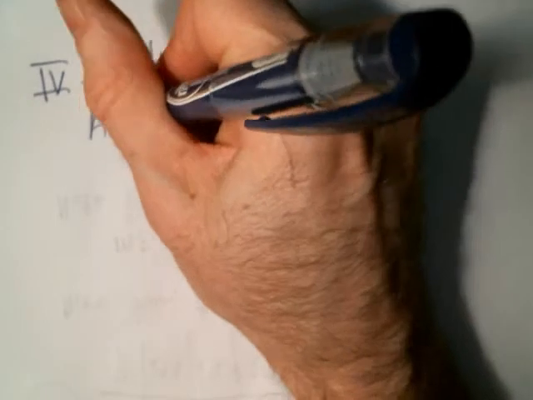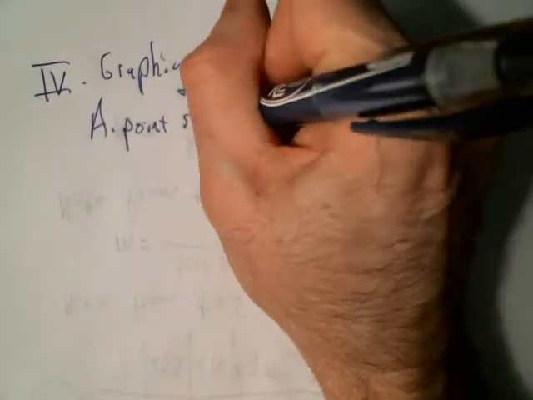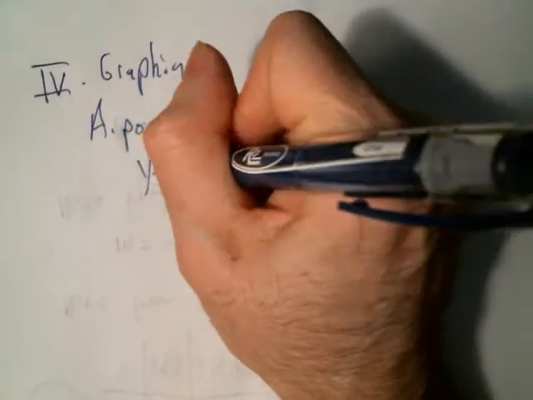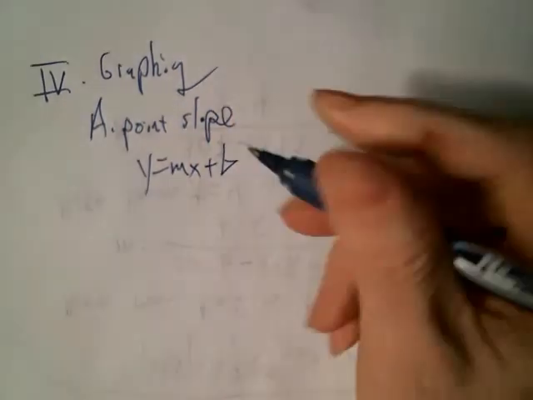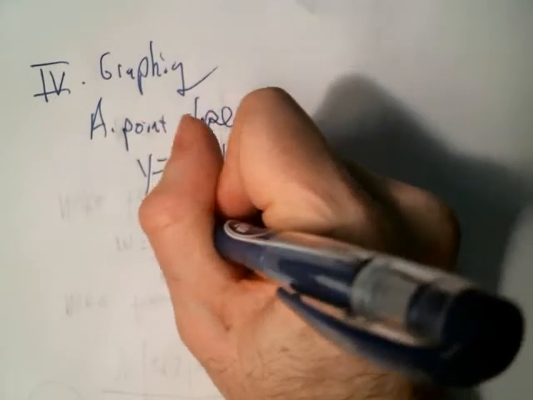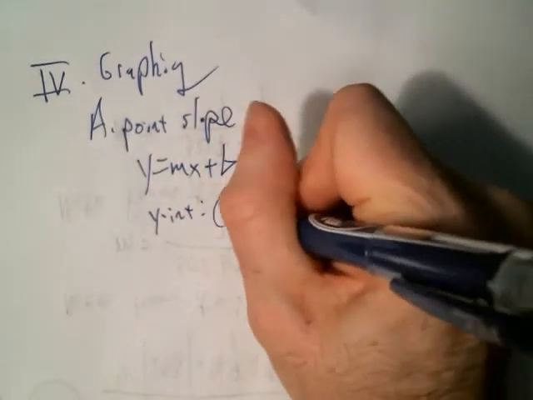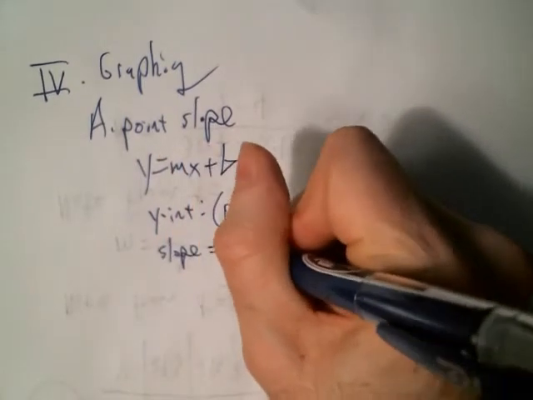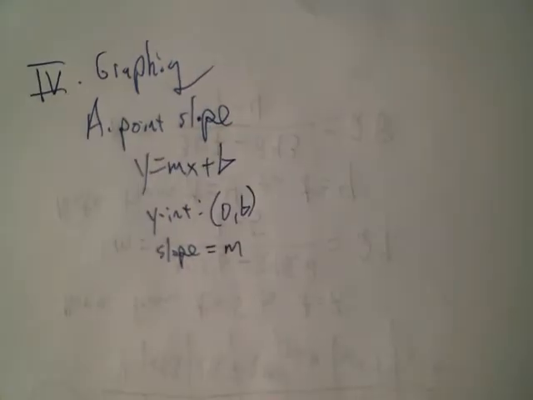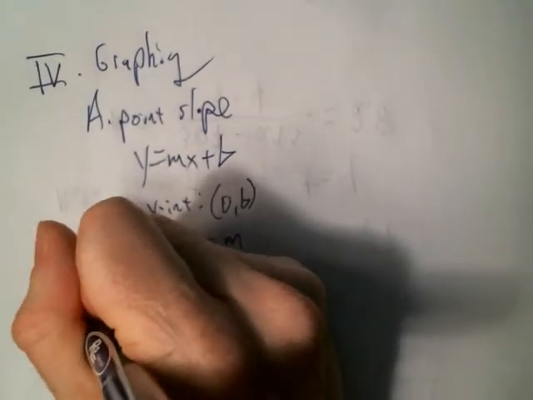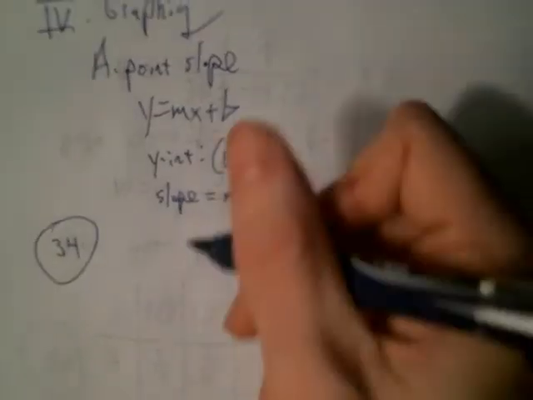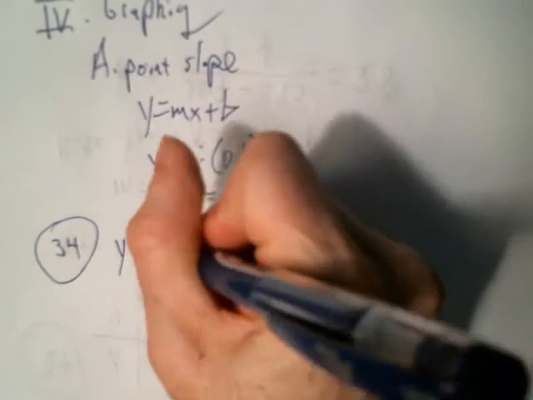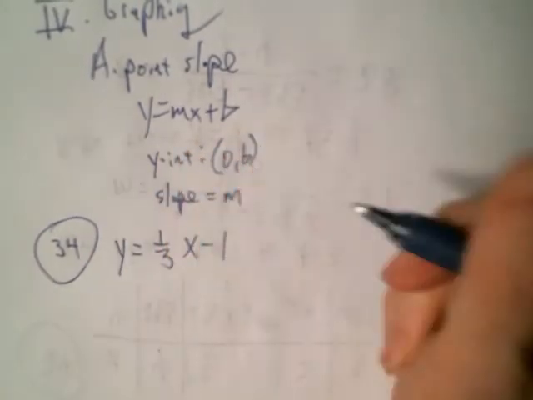Given the slope-intercept form of y equals mx plus b, what you do is start at the y-intercept, which is (0, b), and then you use the slope, which is m. So for example 34, we have y equals 1/3 x minus 1.